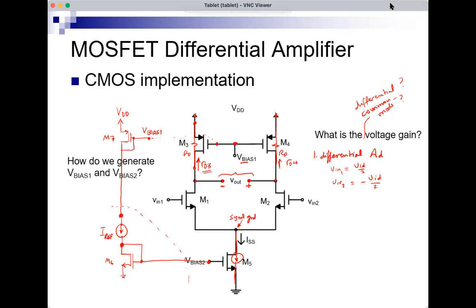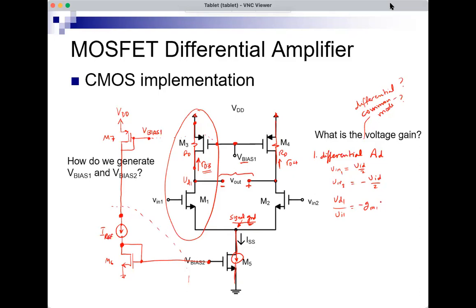And the half circuit would be this, a common source amplifier with nothing between source and ground. So I know that here's VD1, VD1 over VI1 is minus gm1 R'L, RD parallel ro1.